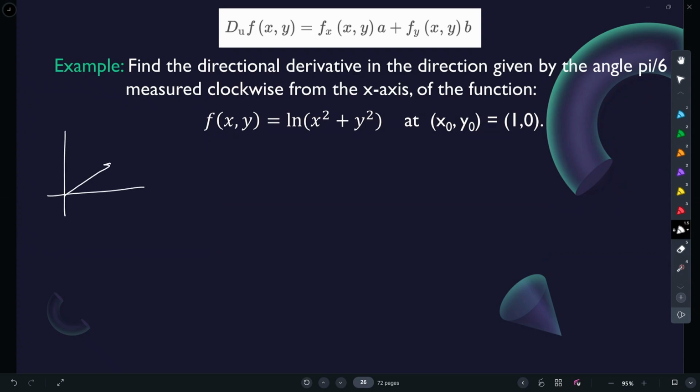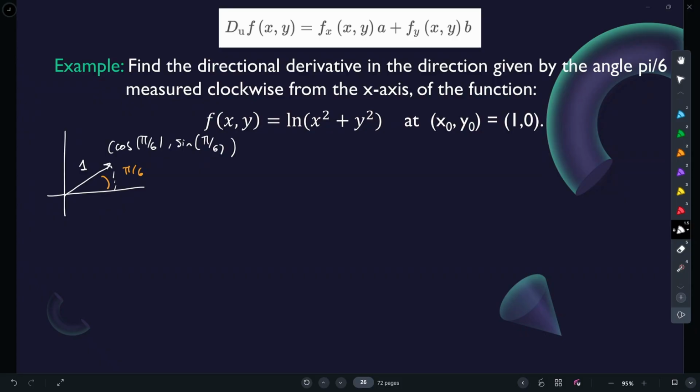So it's going to be a vector of length 1, and the angle here has to be pi over 6. So what are the coordinates of this vector? Remember that the points that are 1 from the origin are the points in the unit circle, and the coordinates of the unit circle are parameterized by cosine of the angle, sine of the angle.